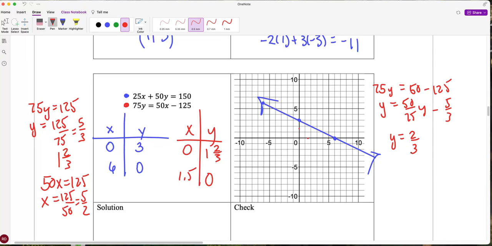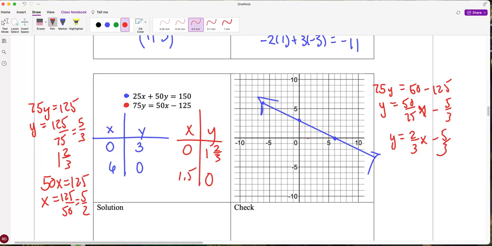Is that right? I got to check this. Y is 2/3 x minus 5/3. So the first one had a negative slope. The next one has a positive slope.